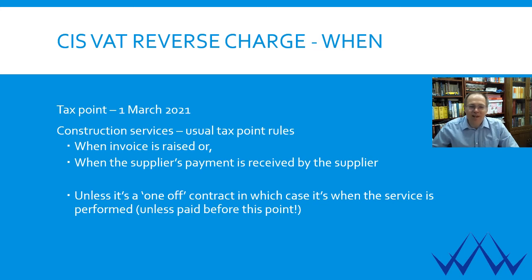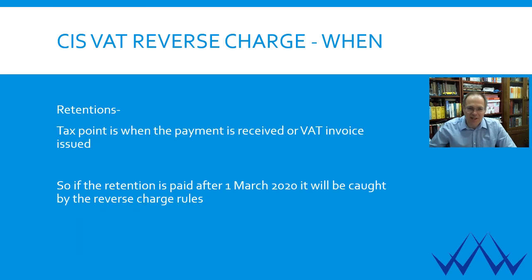Now that will mean essentially that most construction services that are paid for after the 1st of March 2021 will be caught by the new rules. Unless of course it's a one-off contract, in which case the tax point is moved to when the service is actually performed and finished, unless of course there's payment. But as a general rule, the new rules will come in from the 1st of March 2021, for any payments or invoices raised after that date.